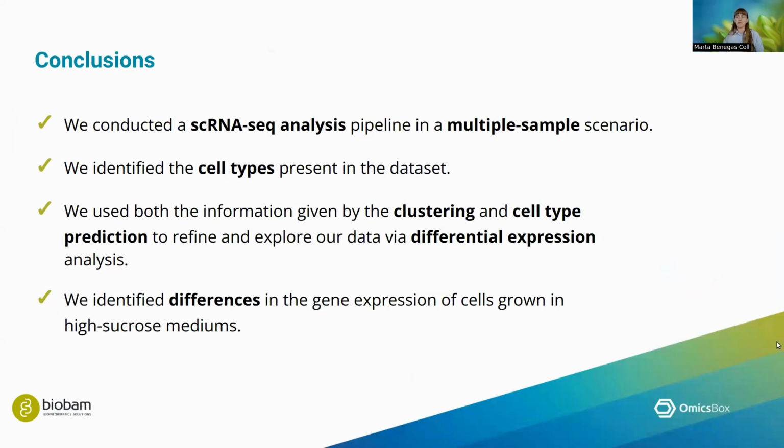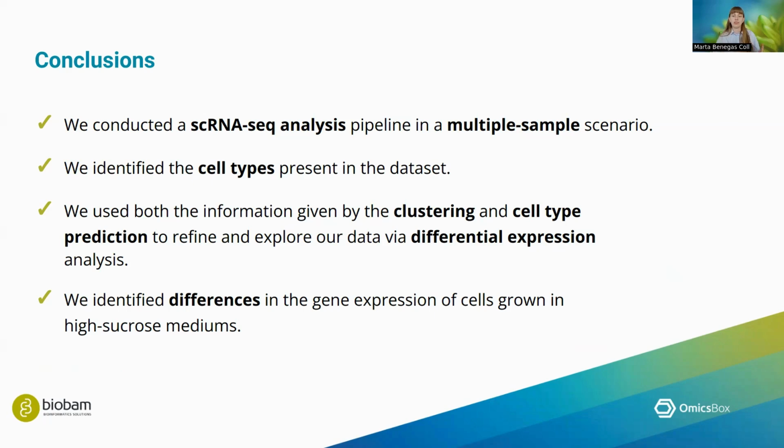Because I think that I already showed you how to conduct a single-cell analysis pipeline in a multiple sample scenario and the key steps to take into account. Then I showed how to identify the cell types and the subcell types present in the dataset with the reference annotation, the differential expression analysis and the biological knowledge.